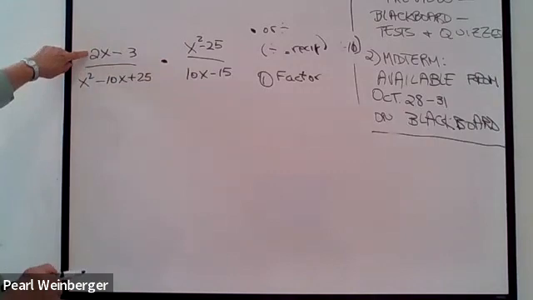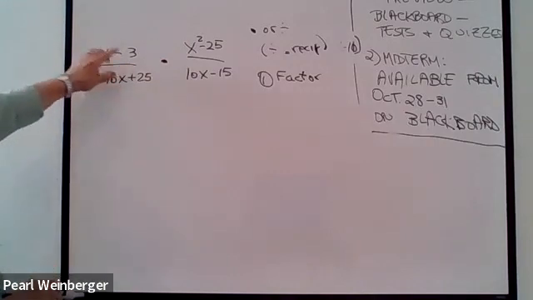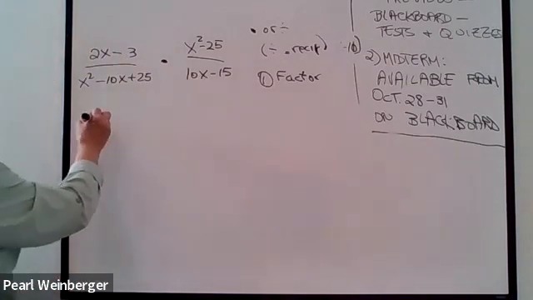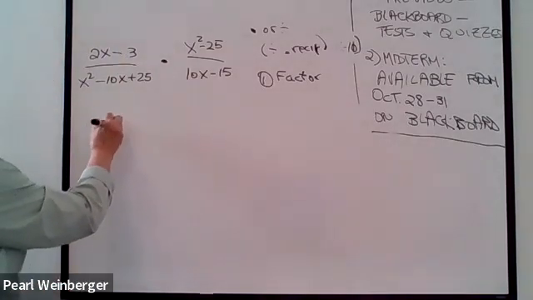So let's look at this. This is 2x minus 3. There's no common factor. I can't factor it any further. I just leave it alone.